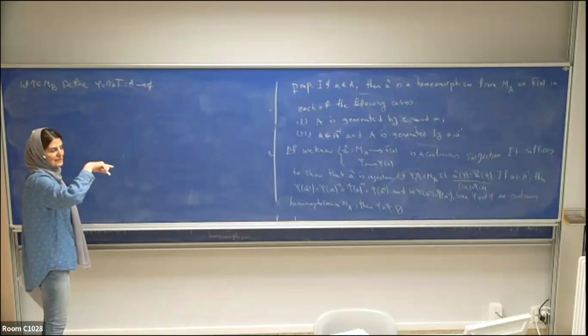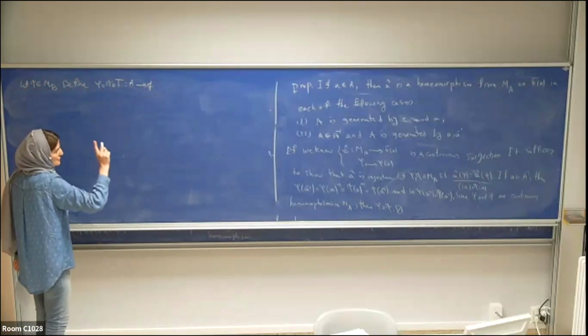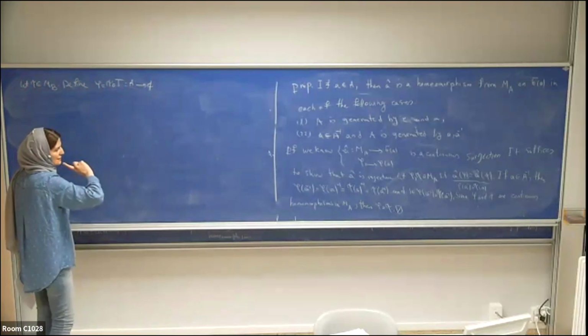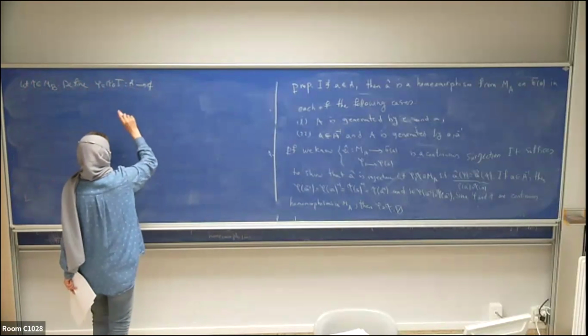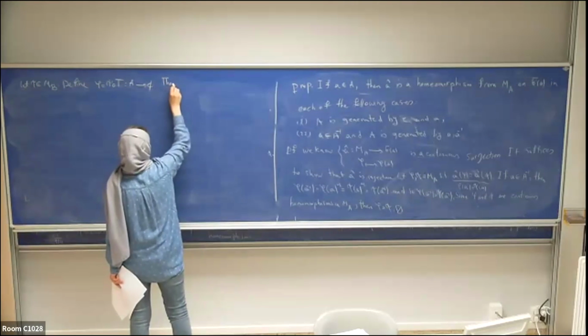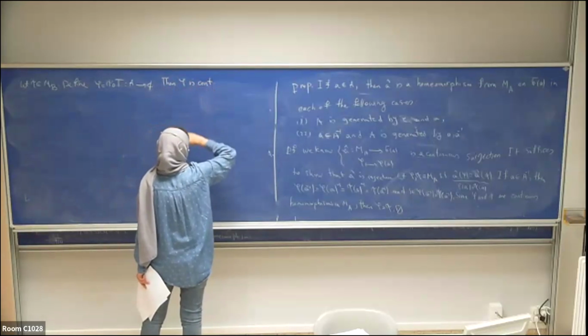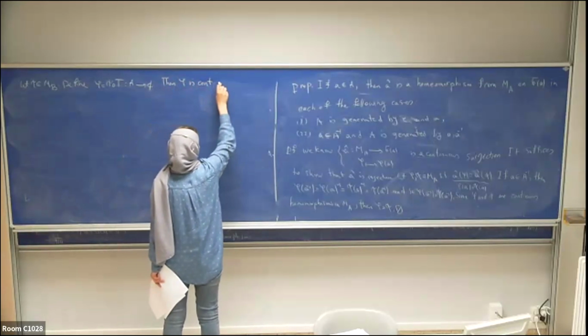If it's not 0, it's an element in the character space of A, and we know that the elements in character space are automatically continuous. And so anyway, phi is continuous, and I told the reason.